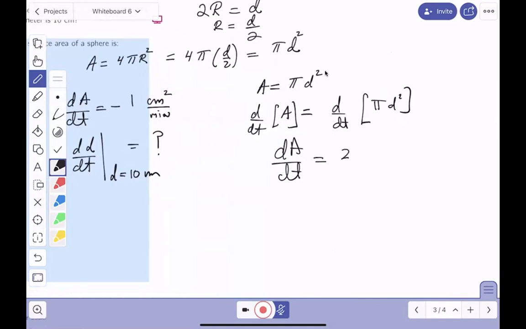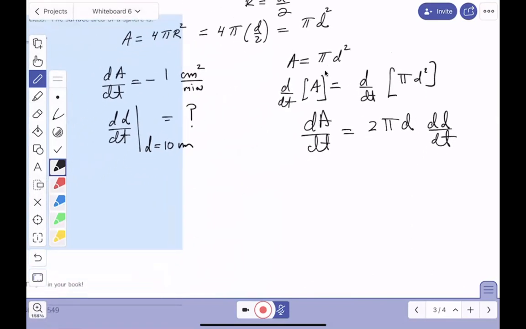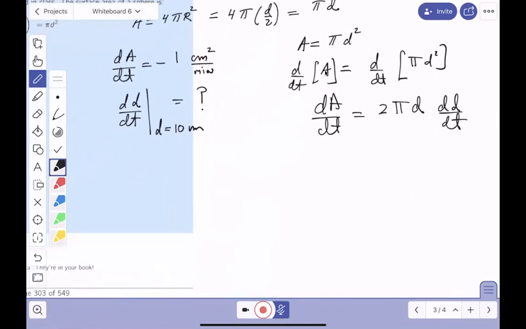That would give me 2 pi d dD/dt. All right, do I know dA/dt? I do. It's -1. We'll talk about the units later, by the way. 2 pi, well, my point of interest is at 10, where the d is 10. dD/dt. Can I solve for dD/dt? I think so.